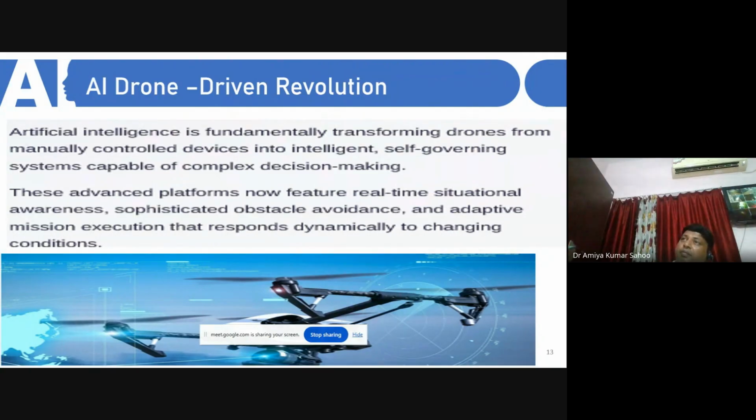It is the algorithm, the pattern, and the data, filtered and labeled data. Datasets play the vital role. Those advanced platforms now feature real-time situational awareness, sophisticated obstacle avoidance, and adaptive mission execution that responds dynamically to changing conditions.